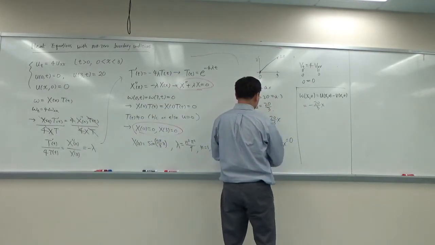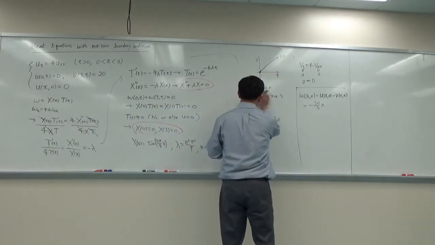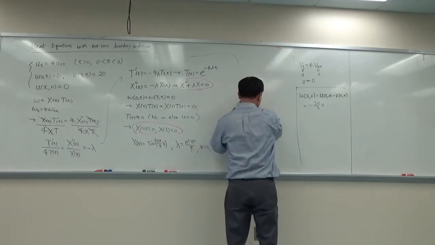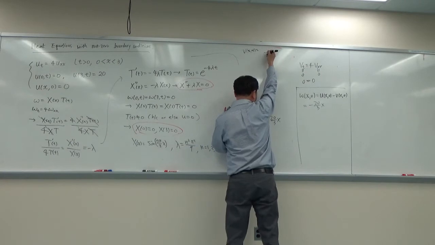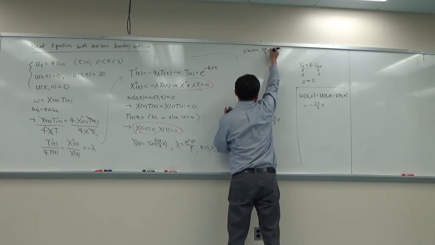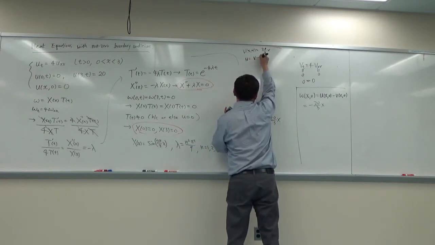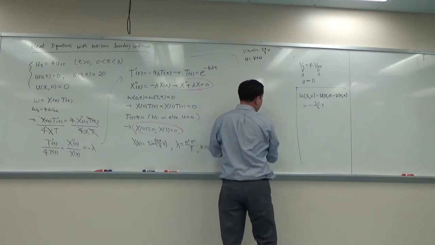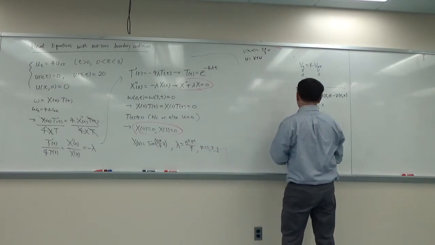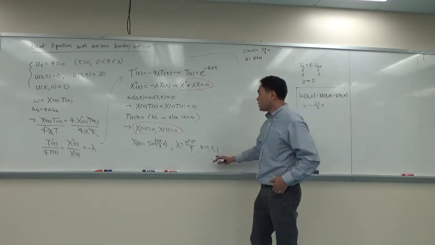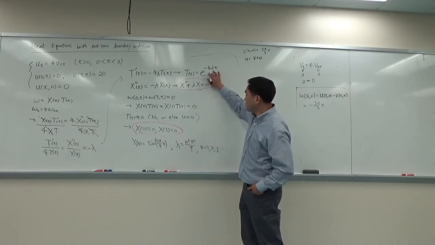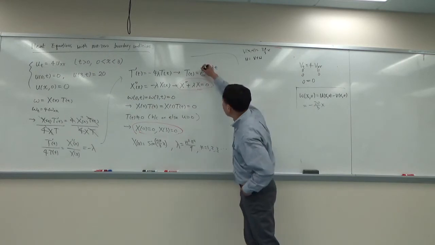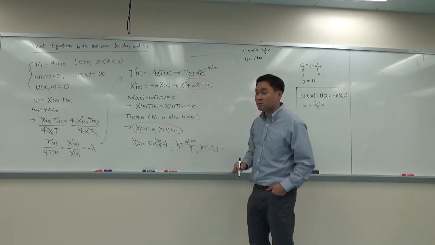Let's just leave v of x, t equals negative 20 over 3 x, and then remember u is v plus w. Okay. So we get that, and then putting these together, since T is this and X is this, oh, I forgot that there can be any constant there as well.